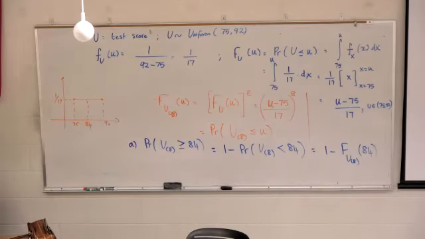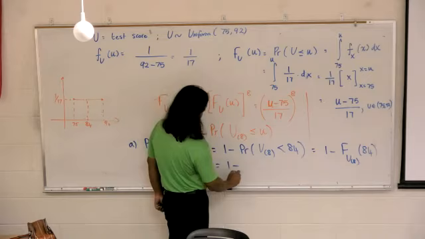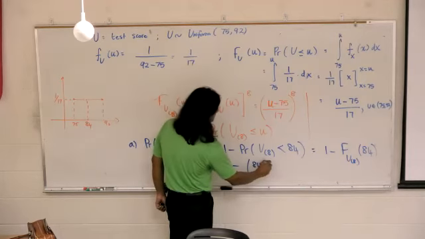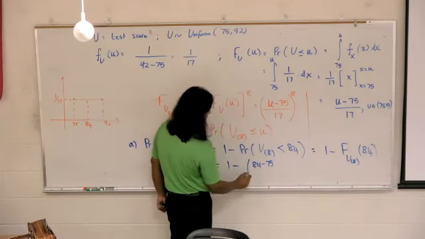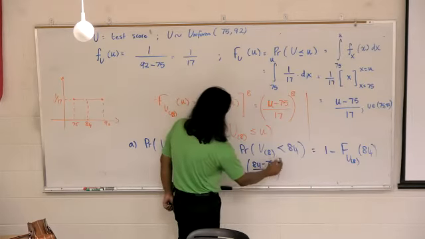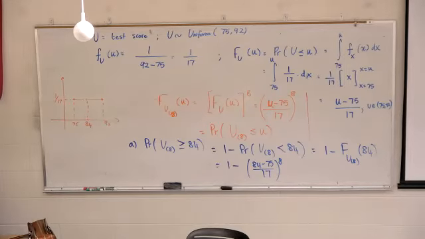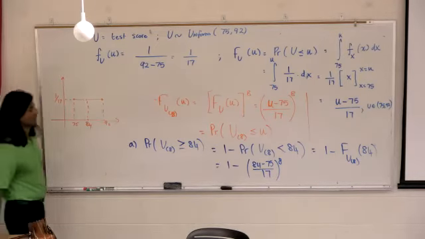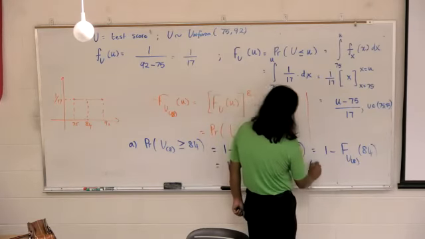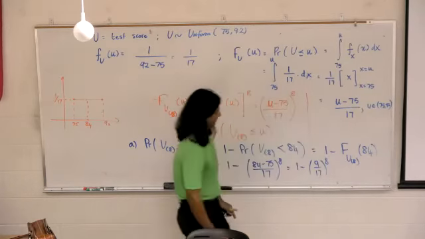So we will have 1 minus (84 minus 75) divided by 17 raised to the 8. One minus 9/17 raised to the 8.